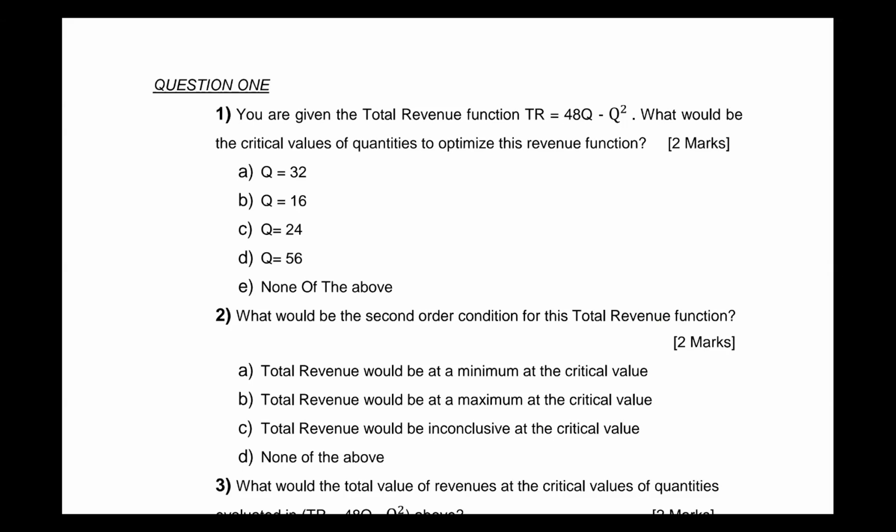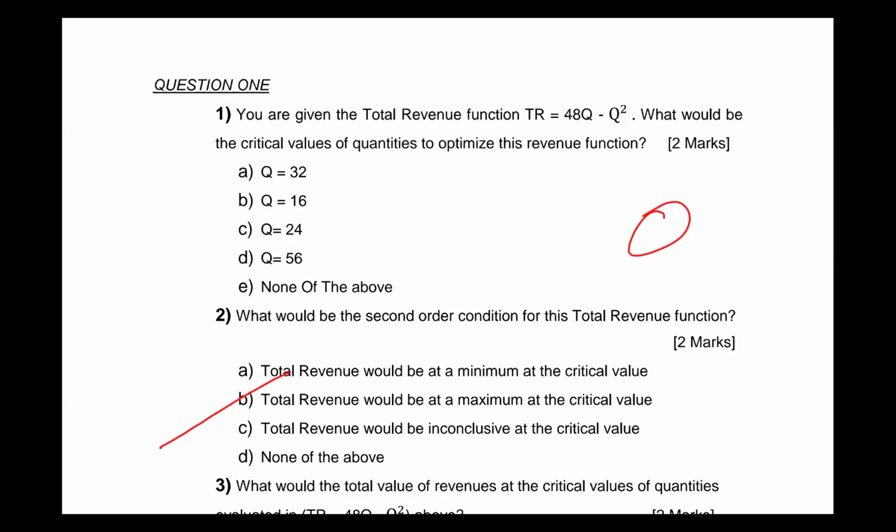When it's positive, then it's a minimum. So the answer is B. But if you find that the second derivative is 0, then it is inconclusive, because it's neither positive nor negative.